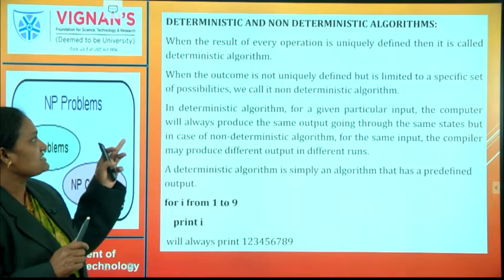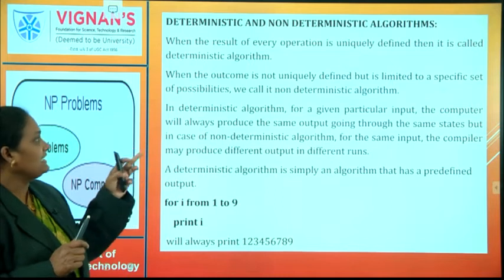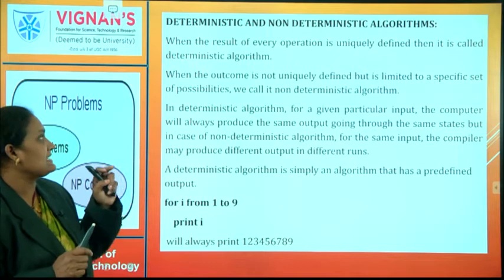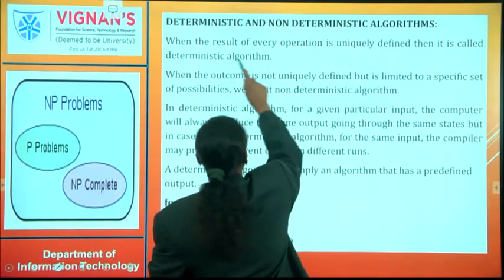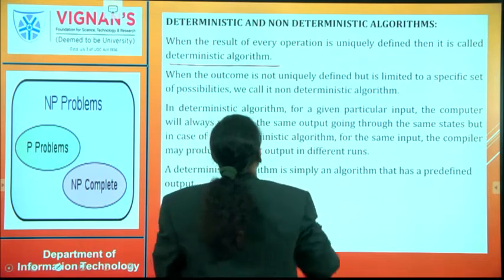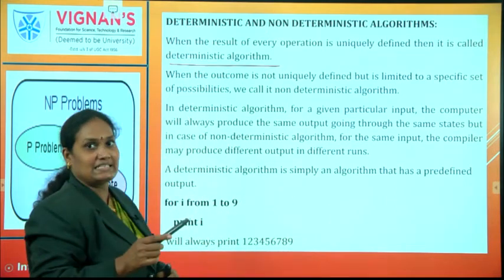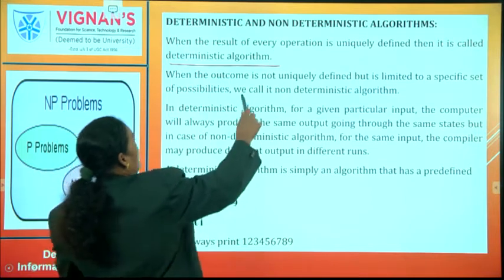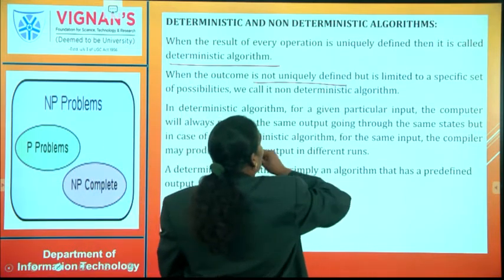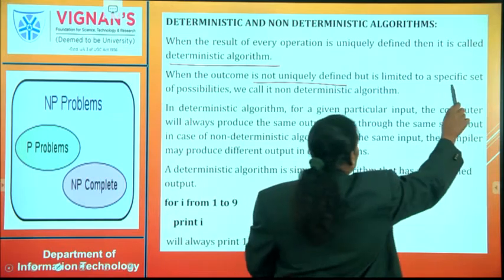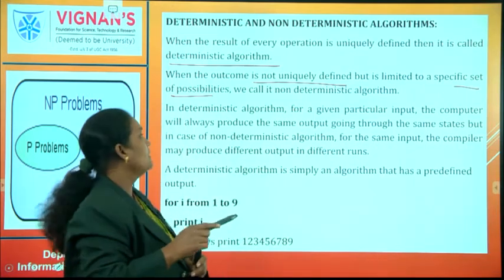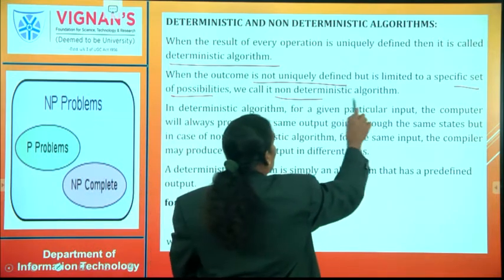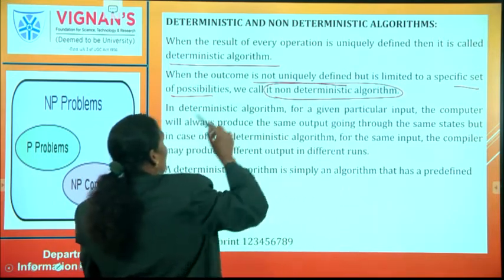When the outcome is not uniquely defined, but it is limited to a specific set of possibilities, then it is called a non-deterministic algorithm. So, if we can uniquely define the output, then we call those deterministic algorithms. If we cannot uniquely define the output, but it is limited to a set of values, those types of algorithms are called non-deterministic algorithms.